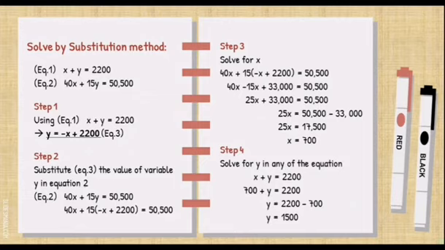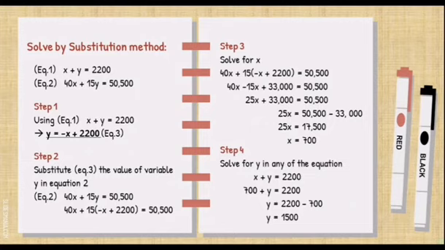Solve for x. So 15 times negative x is negative 15x. We use the distributive property, so 15 times 2,200 gives positive 33,000, equals 50,500. And then combining like terms, 40x minus 15x is 25x plus 33,000 equals 50,500.